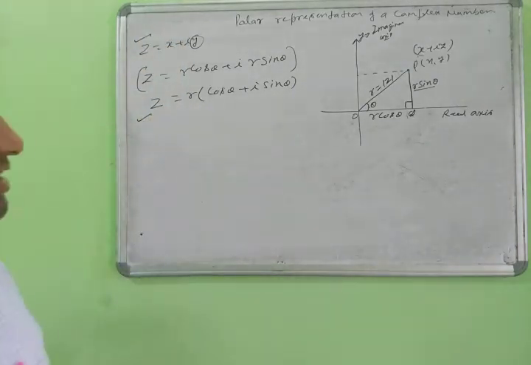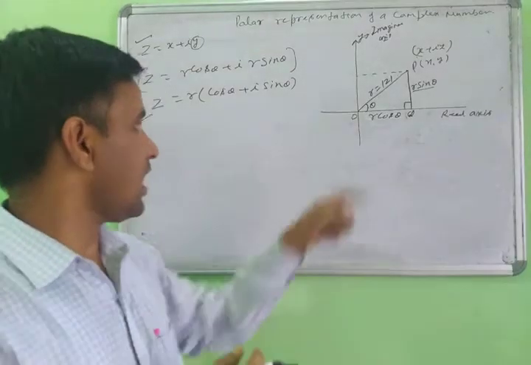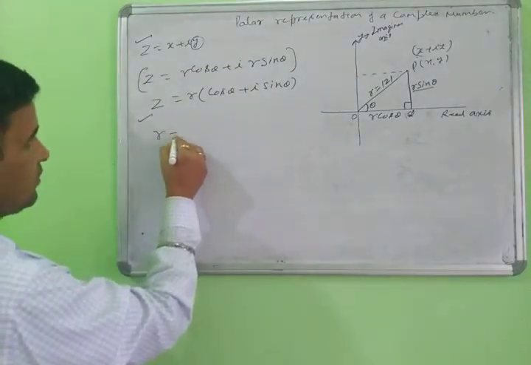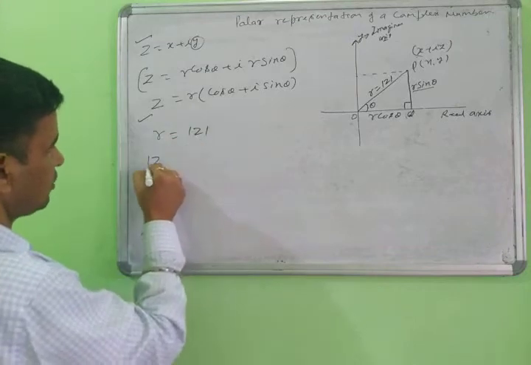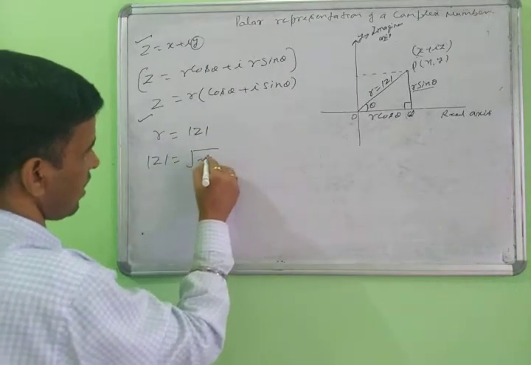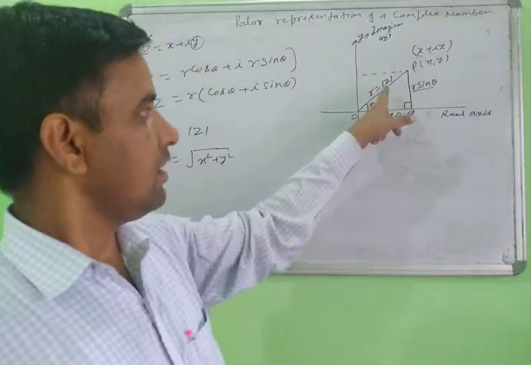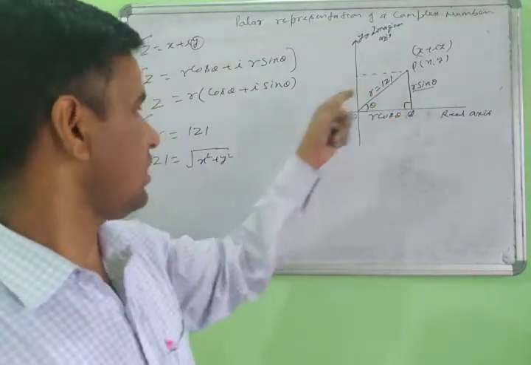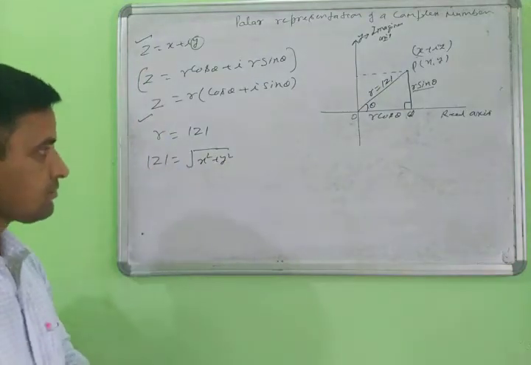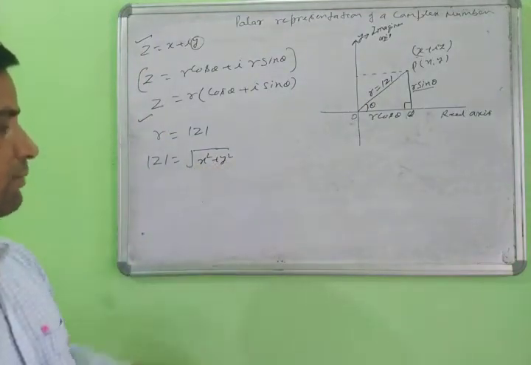So you can easily find this. The value of r here is mod z, and mod z is root x square plus y square. The same: r equals mod z, and mod z is root x square plus y square.